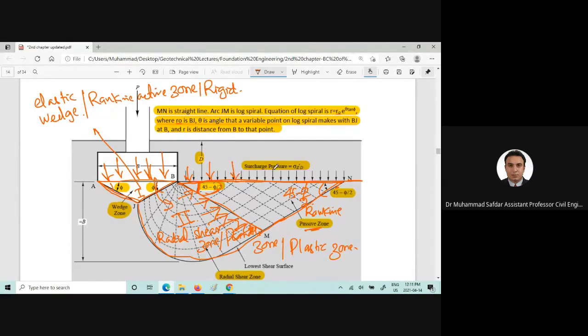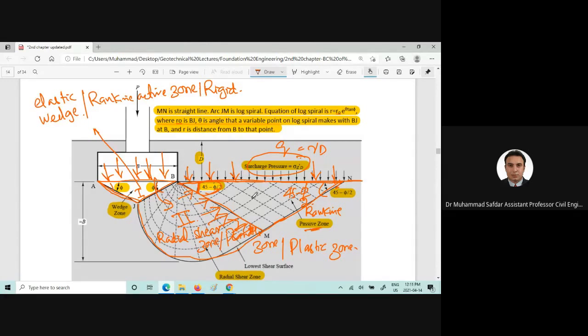Rather, he used this part as a surcharge on top of this failure mechanism. So you can use this gamma into D. This is the surcharge, which will also be included in the derivation of the equation.